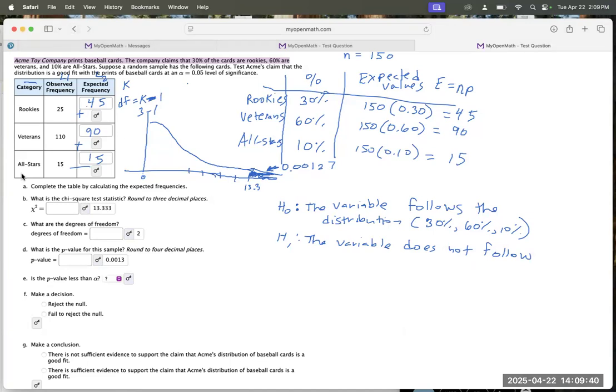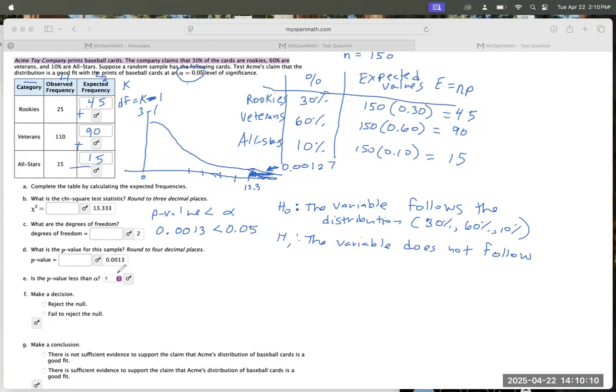Is the p-value less than alpha? So is the p-value, which is 0.0013, less than alpha, which in this case is 0.05? I would say yes, it is less than alpha.